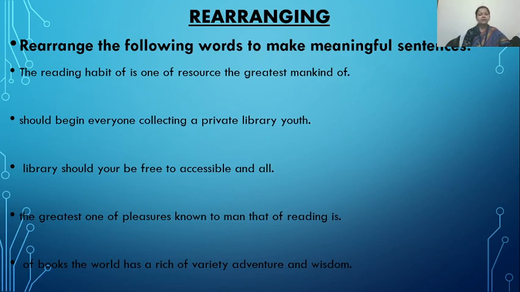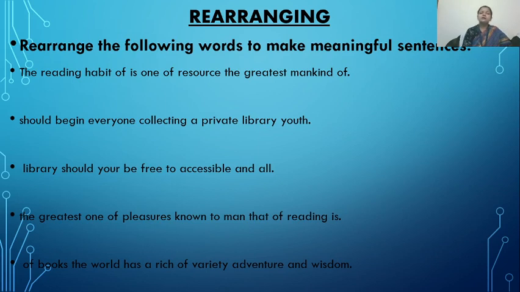"The reading habit of is one of resource the greatest mankind of." As it is not a meaningful sentence, one can't read it in a flow. One has to read it with pauses. Now please just try to make a sentence with it. What could be the sentence?